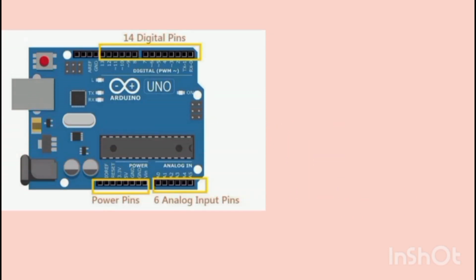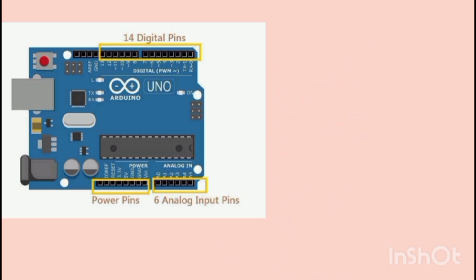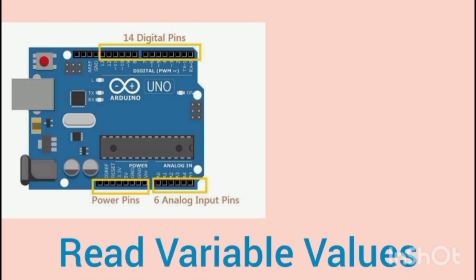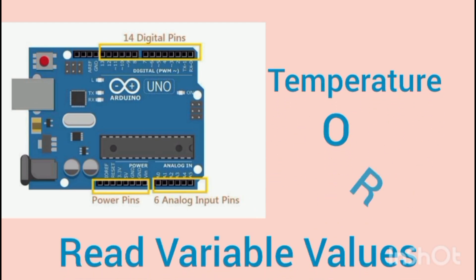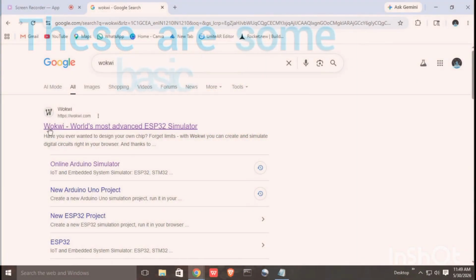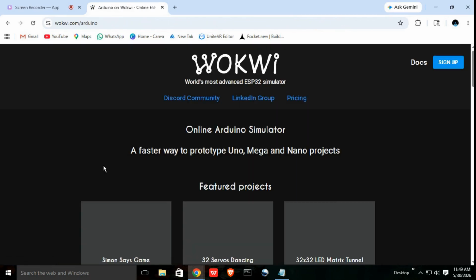Digital pins are used for reading or sending two values, high or low, which means on or off. Analog pins are used to read variable values from sensors such as temperature or light intensity. So these are some basic concepts of Arduino that every beginner should know before starting projects.